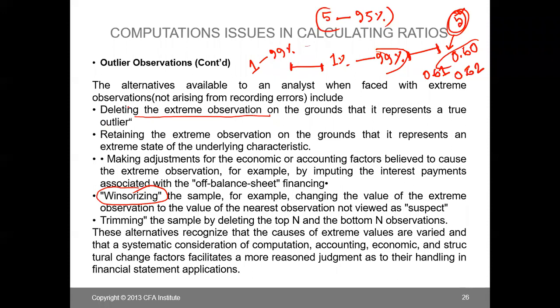It's not like you are deleting something. Rather, you are making an adjustment to the extreme observations. And trimming is a way in which you delete the top n and the bottom n observations. Say you delete the top 3 observations and the bottom 3 observations. So these are some solutions for dealing with outlier observations.